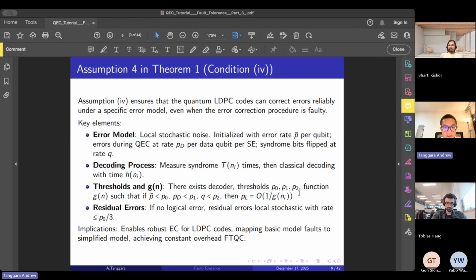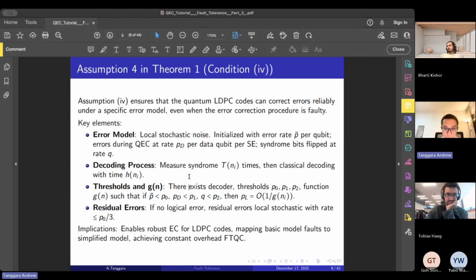Right. So this is still review. This is the last condition that we want from our LDPC code. We want these thresholds on data qubit initialization and syndrome bits. And we want to repeat the syndrome measurements for the decoding process because we can have syndrome bit flip errors.